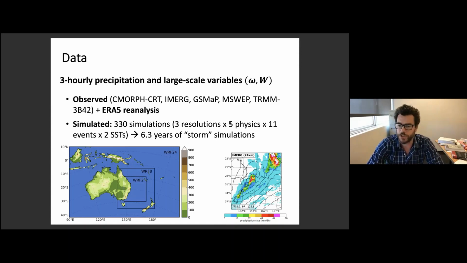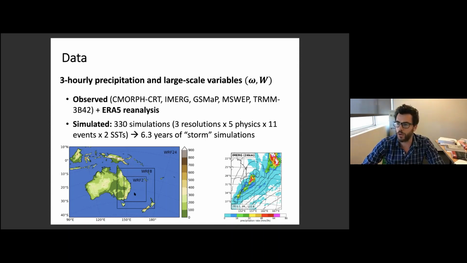And basically with those different configurations, we simulate 11 events that were chosen because they were cyclones that arrived on the eastern coast of Australia.